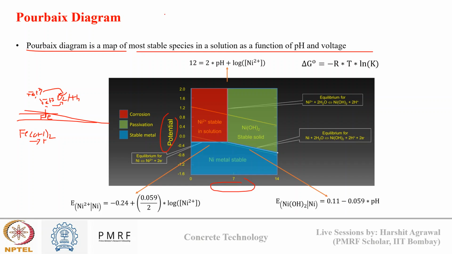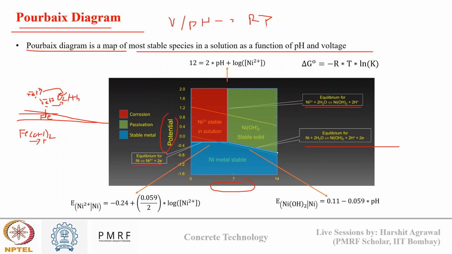So when we know under a certain voltage and pH which reaction will be happening, that is known to us by the Pourbaix diagram. Like you see here the Pourbaix diagram for nickel. There can be three possibilities of reaction: nickel converting into nickel ion, reacting with water to form hydroxide, or nickel directly reacting with moisture to form nickel hydroxide. So all these three reactions are possible.